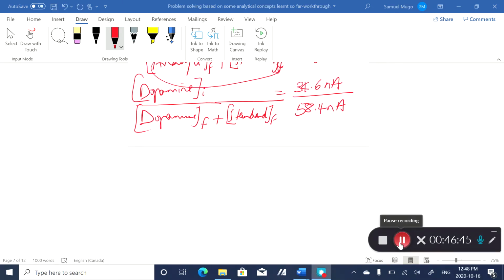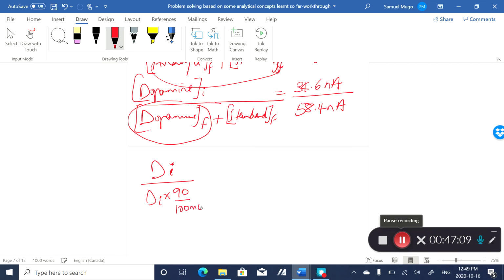So let's substitute this then. Allow me to use D for the dopamine initial. Remember, the dopamine final equals the dopamine initial multiplied by the dilution relationship here, which is 90 over 100.